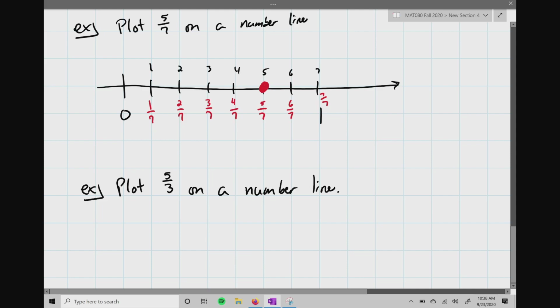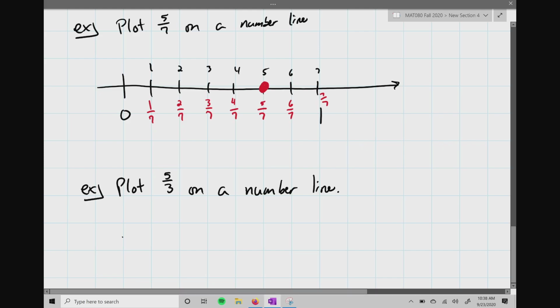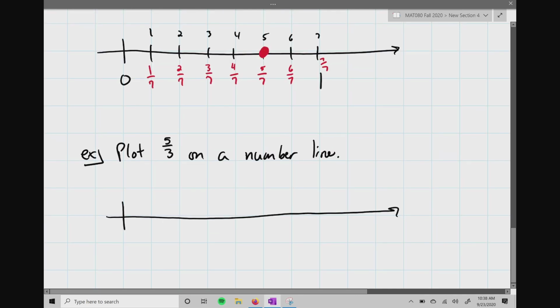Now we're going to plot 5/3 on a number line. Now we know 5/3 is an improper fraction, correct? So that means the numerator is bigger than the denominator, which means I'm still going to go ahead and draw my number line, okay? However, I need a little bit more than 1 because this goes beyond 1.